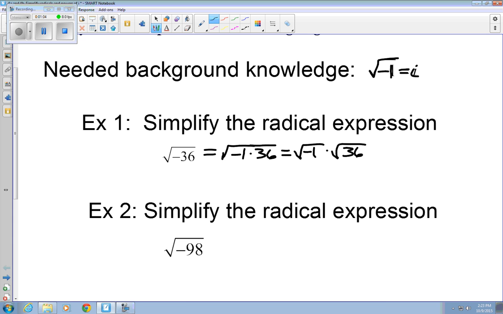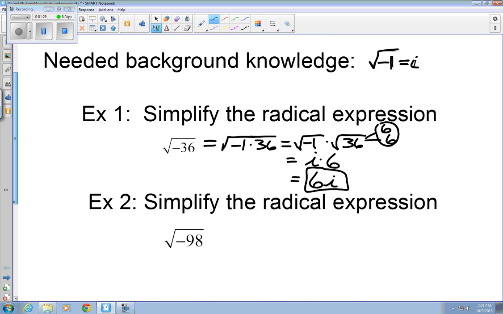Well, we know the square root of -1 is i, and the square root of 36, you can break that down into 6 and 6, and those are pairs, so it's i times 6. Well, with numbers and variables, we'll write the number first. So the answer here is 6i, so the square root of -36 is 6i.